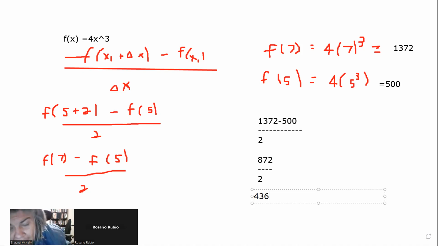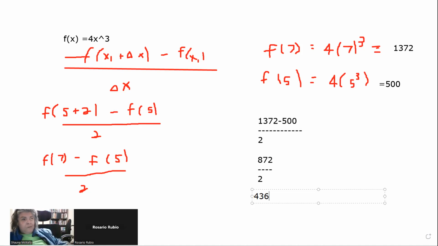Okay. Now, that's the short way because they gave you all the numbers. If they hadn't, you would have had to do all the algebra with the delta x's. That's where you would have put in f of x plus delta x.